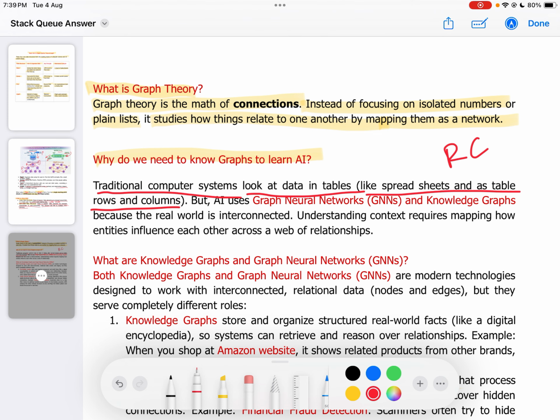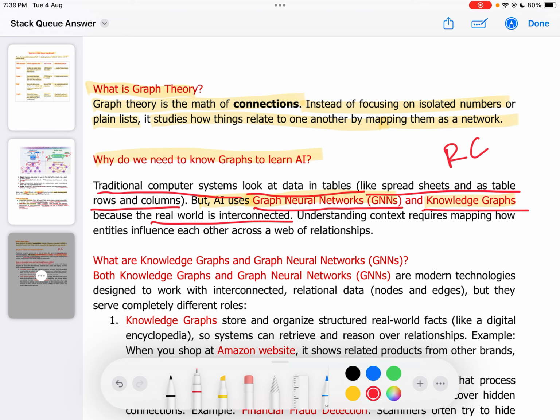But AI uses graph neural networks and knowledge graphs. This is very important. You will have to learn GNN, graph neural networks, and knowledge graphs, because the real world is interconnected. In the next section, I will show you an example. It is easy only. Please don't be afraid.